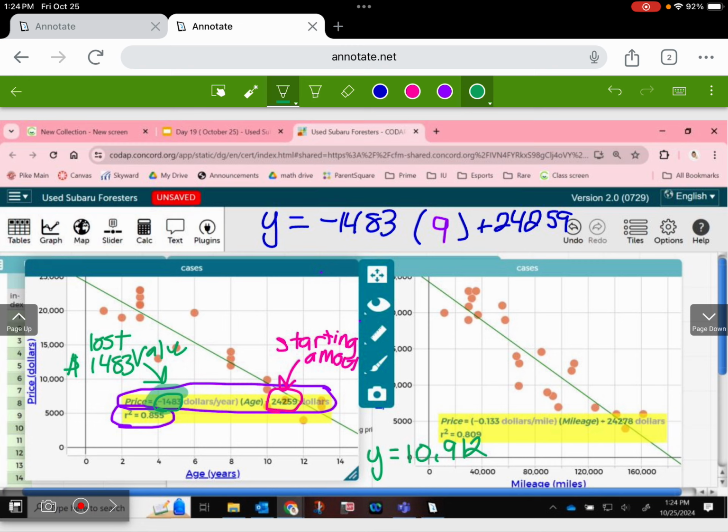Oh my gosh, almost like it's relevant for the homework. So use the information you have here. The equations we just built are the ones you want for homework 8.8.